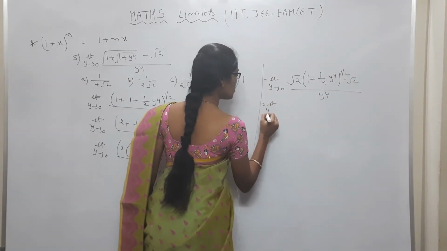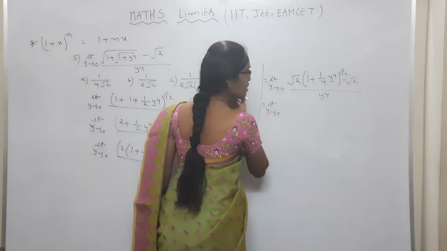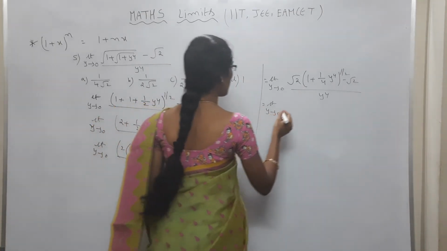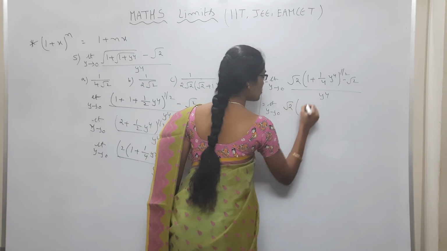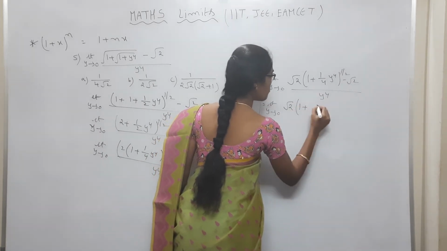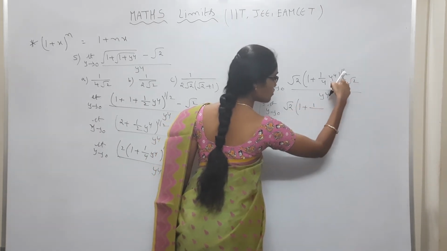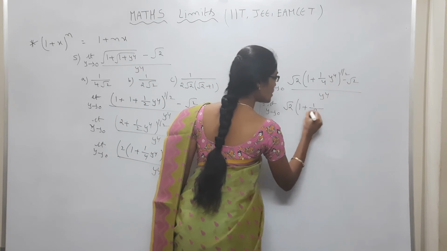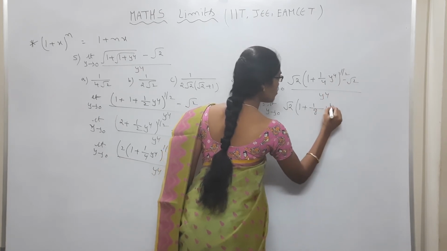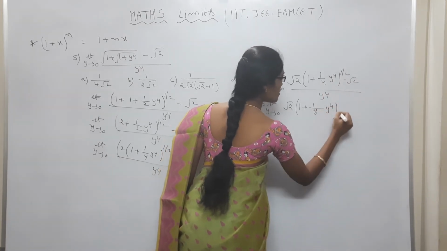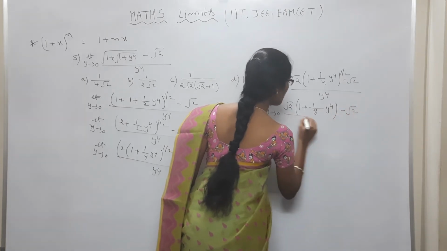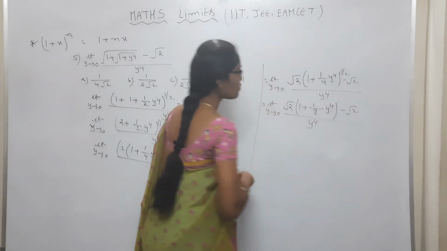That is equal to limit y tends to 0. Here again apply the formula. Root 2 into 1 plus 1 by 2 into 1 by 4, so 1 by 8 y power 4, minus root 2 by y power 4.